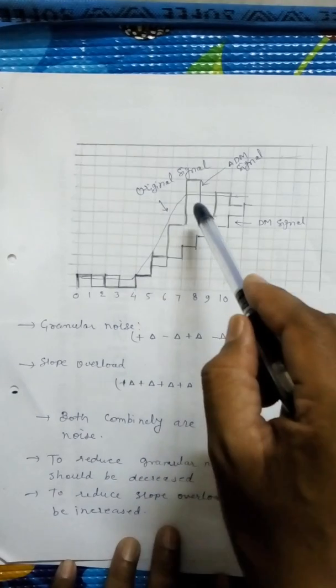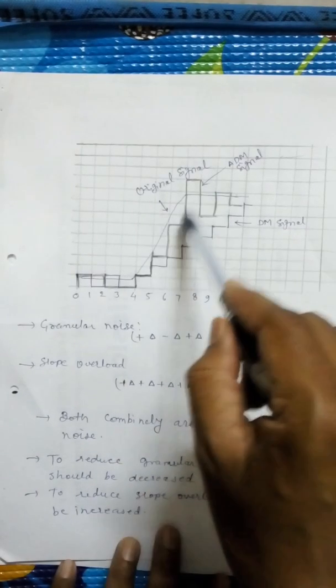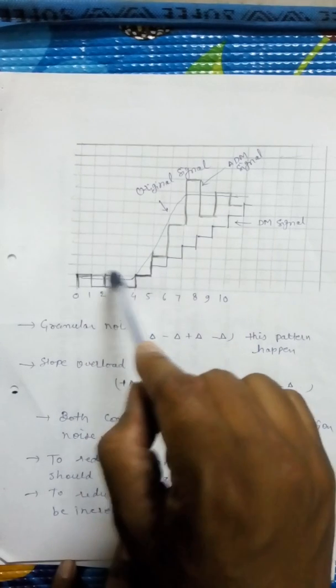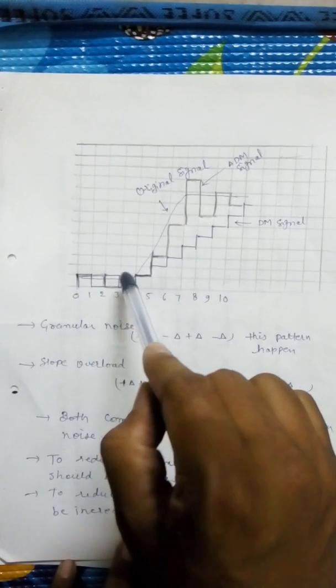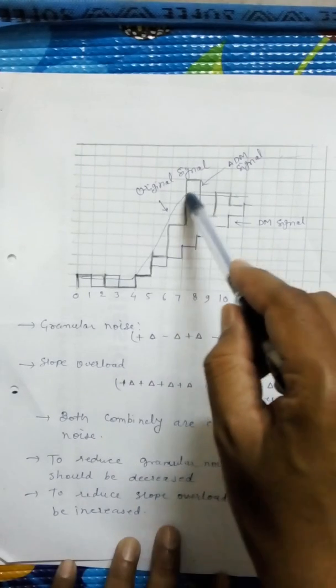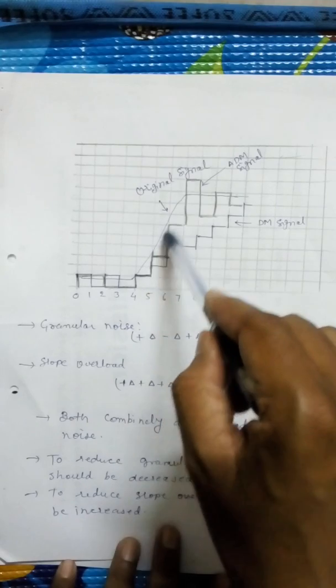So both problems, granular noise and slope overload distortion, will be minimized. Here granular noise is going to decrease, and here the slope overload noise gets reduced.